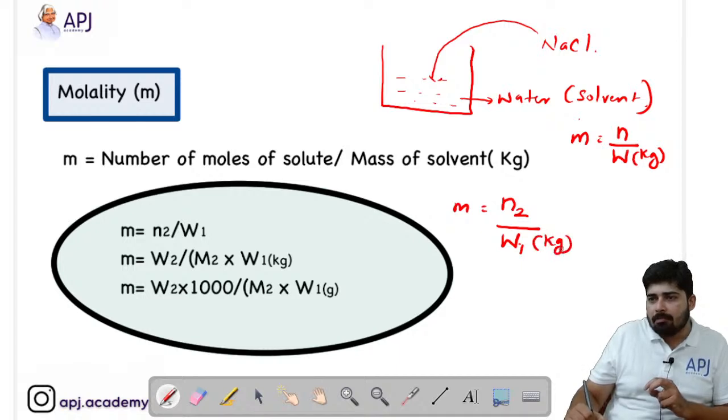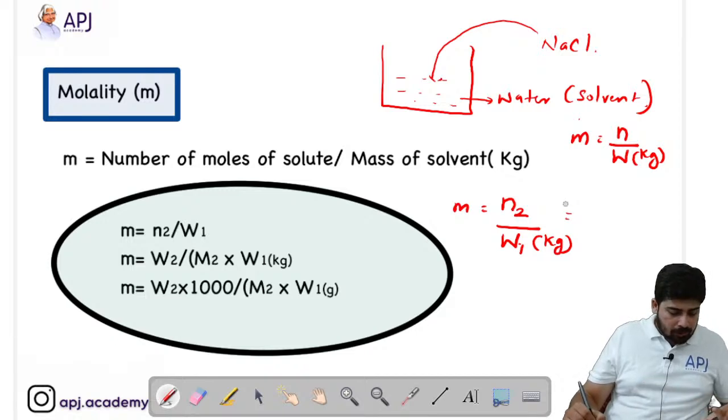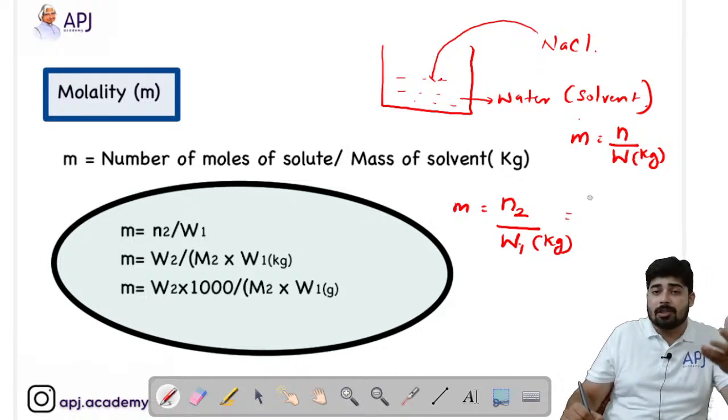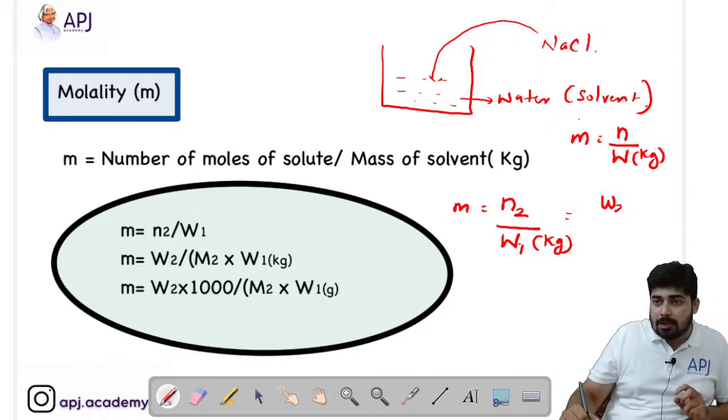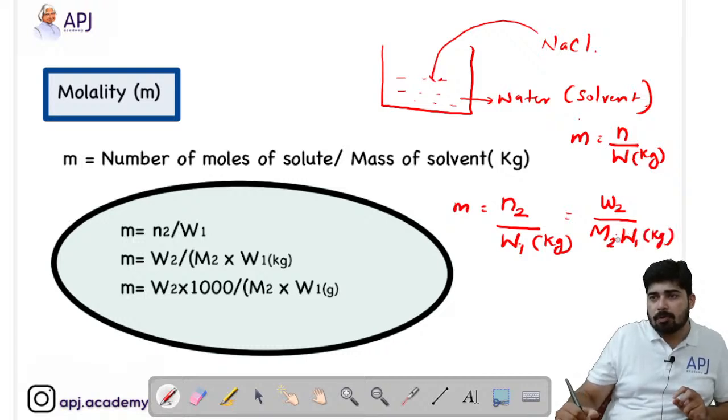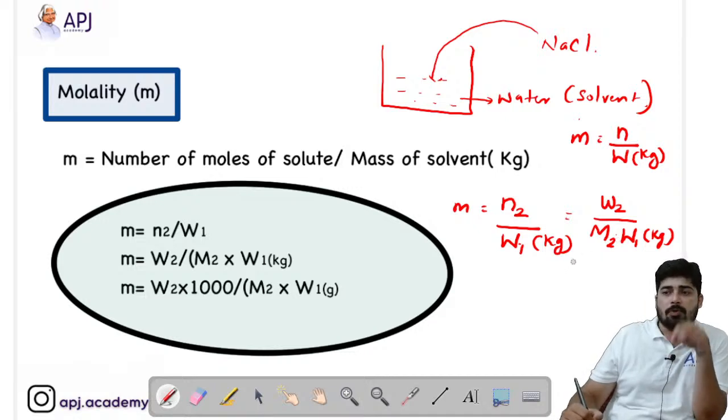And now we can make changes to this equation, as the number of moles can be changed into weight by molar mass. We have studied this in the previous class. So n2 is equal to the weight of solute divided by the molar mass of solute. So molality is W2 divided by M2 into the weight of solvent in kilogram. In certain questions I have to write it as M2 because it indicates the molar mass of solute.